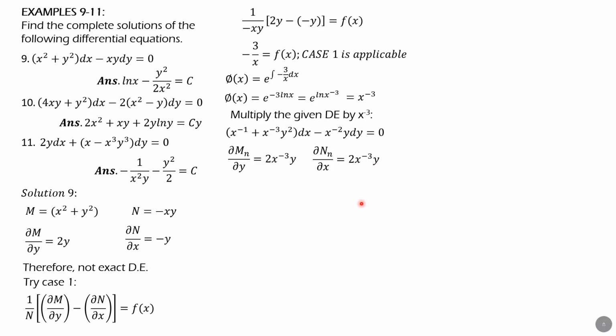So that means the solution would be in the form of the integral of M, the new M, with respect to x plus a constant of integration, which is f of y, recall from exact differential equations.